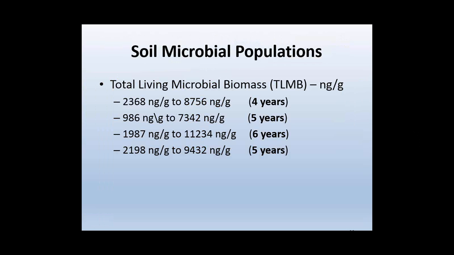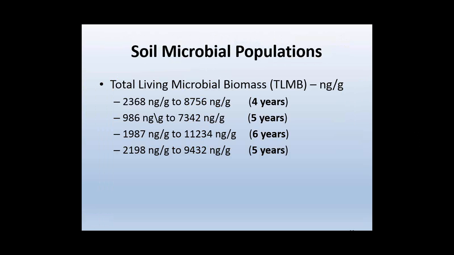But on farm 1, in 4 years, we went from 2,300 nanograms per gram of total living microbial biomass to over 8,700 nanograms per gram. On farm 2, we went from 980 to 7,300. On farm 3, from 1,900 to over 11,000. And on farm 4, from 2,100 to over 9,400 in just 4 to 6 years in all of these farms.